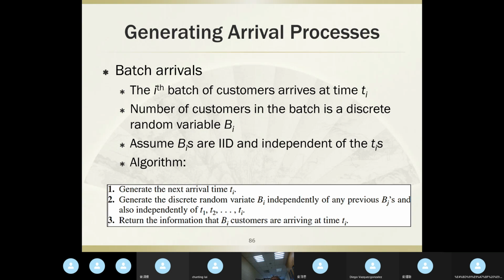Why? Because we need to have the other selection of probability distribution, for example, in chapter 6. And also we need to simulate, so we need to have the generation. So right now in chapter 8, we already know the way to generate.